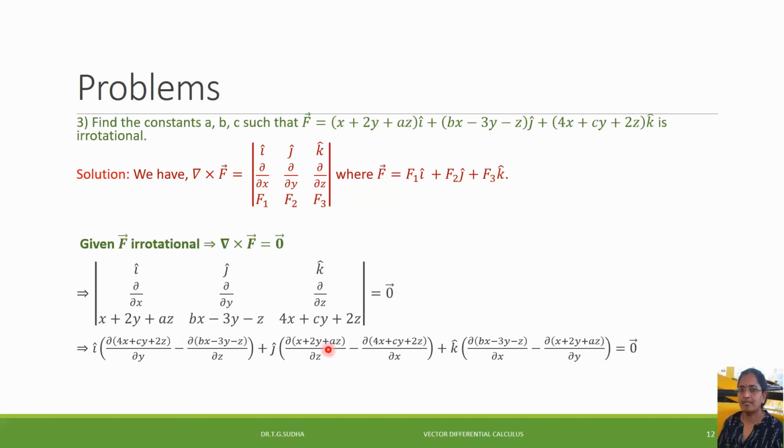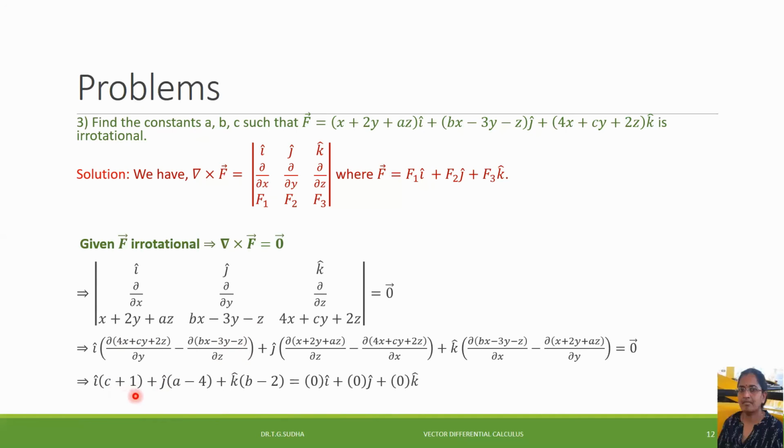So now let us find the partial derivatives and equate it to the 0 vector. So the first term gives us ∂/∂y, the partial derivative with respect to y. So 4x is 0, 2z is 0, c into y gives us c, minus bx is 0 with respect to z and 3y is also 0 with respect to z, and here we get −1. So minus of minus 1 will give us plus 1.